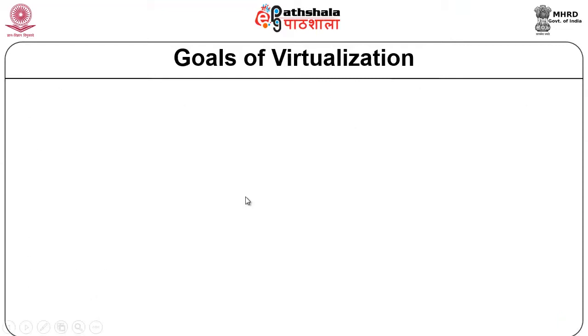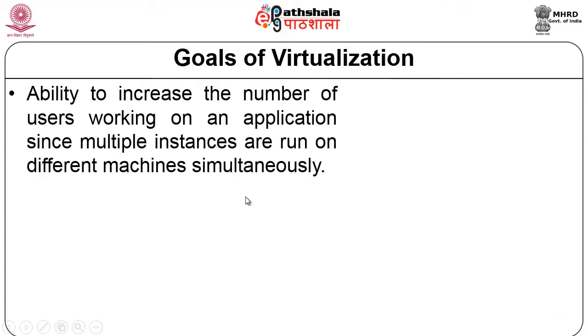We can run that. Continuing with our goals of virtualization, it gives us the ability to increase the number of users working on an application, since multiple instances are now running on different machines simultaneously. Earlier we saw that one server is running email.